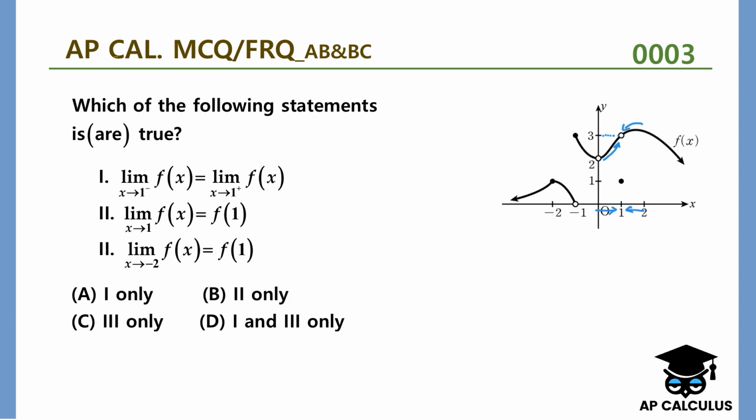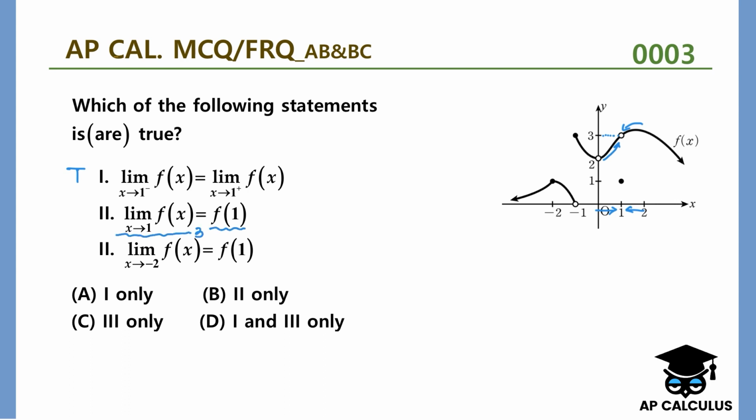So the first one is true. Okay, second one, we have the limit as x approaches 1 is equal to f of 1. Well, as x approaches 1, it approaches 3 from both sides. So the limit value is 3.